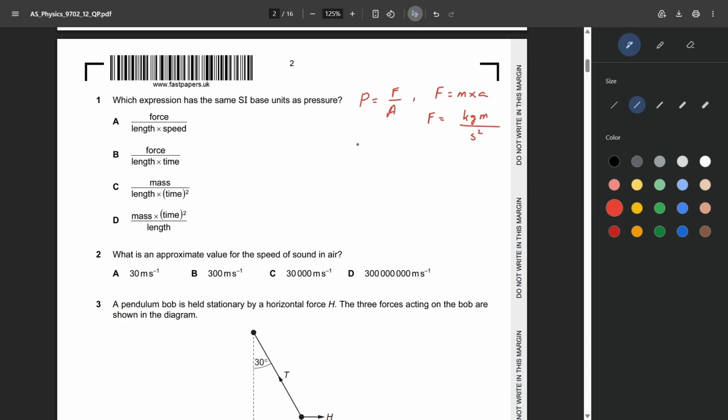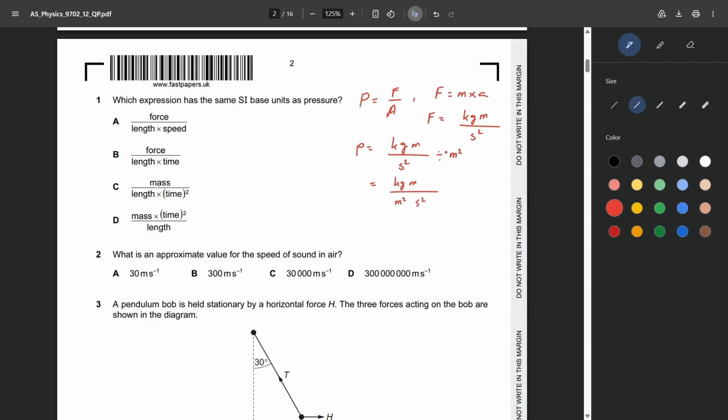Now, pressure is equal to force divided by area. The SI base unit for area would be meter square, right? Overall, that gives us kg meter divided by meter square second square.